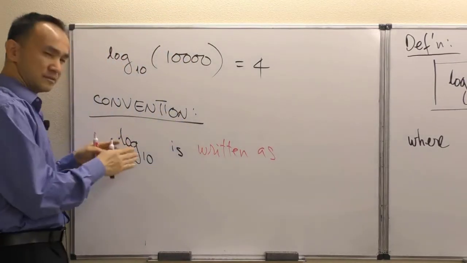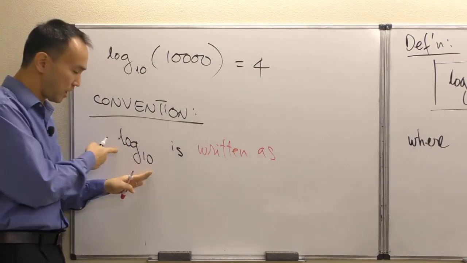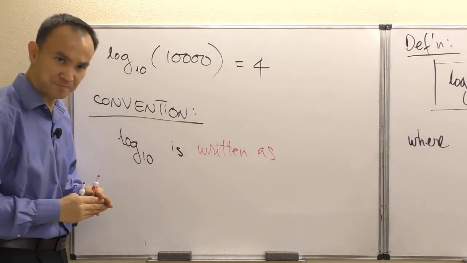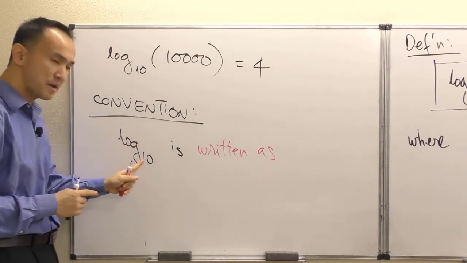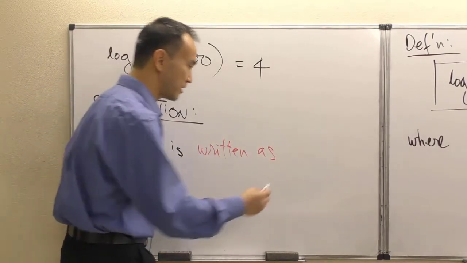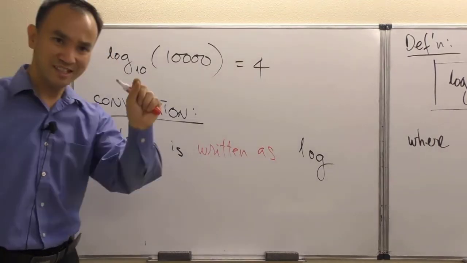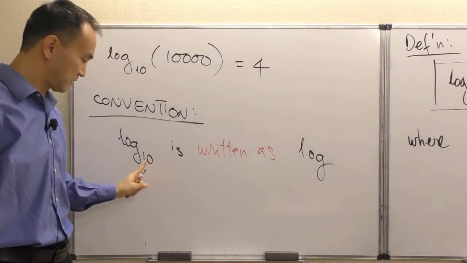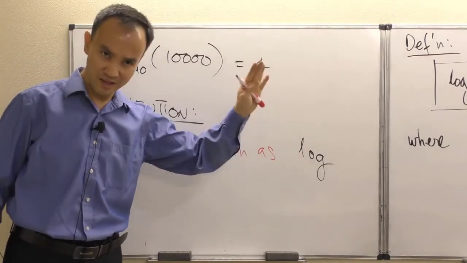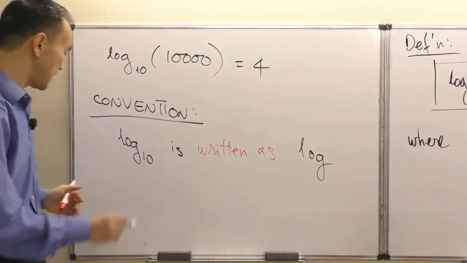On standard, it's log with the base indicated as a subscript. That's what I've been using. But anytime it comes to base 10, log base 10 is written, and that's why I'm writing it in red ink, as just log. That means the base as a subscript is skipped anytime it's log base 10. Only for log base 10.